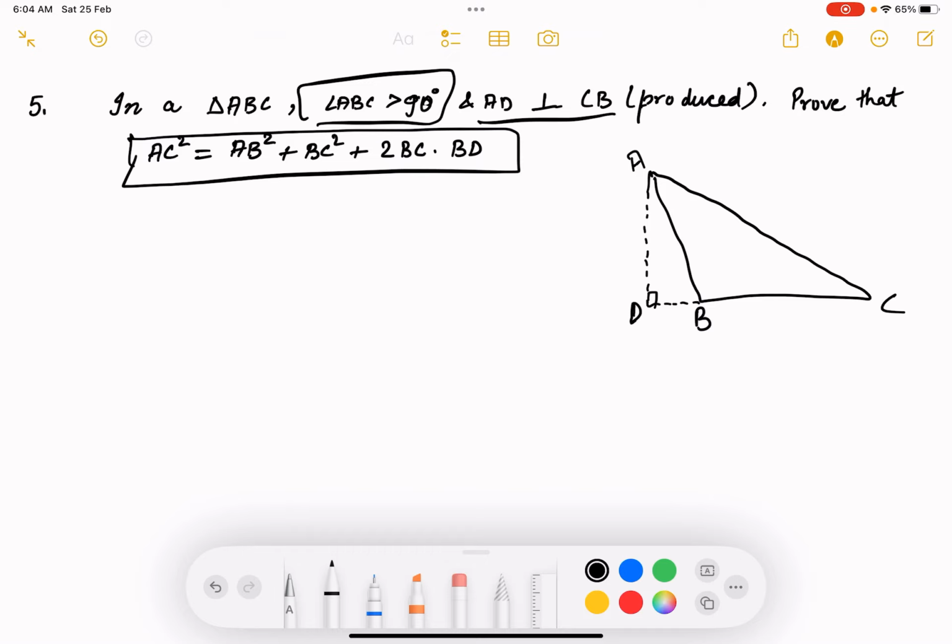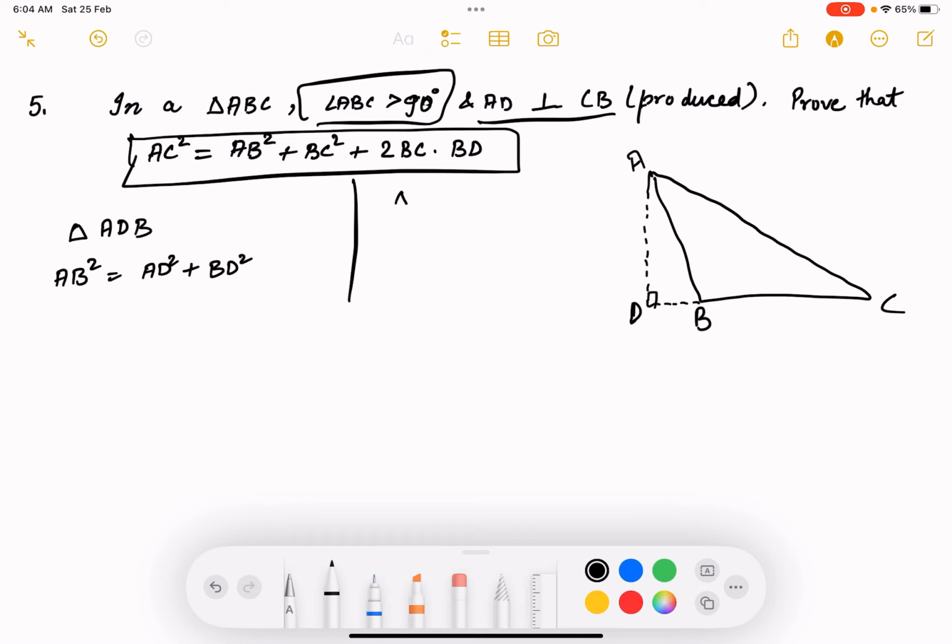So again we'll apply Pythagoras theorem. We have two triangles to apply it to. Taking the first triangle ADB, we have AB square is equal to AD square plus BD square.